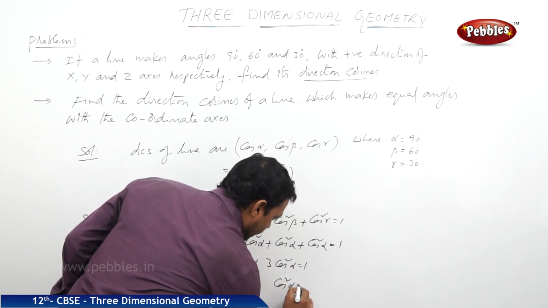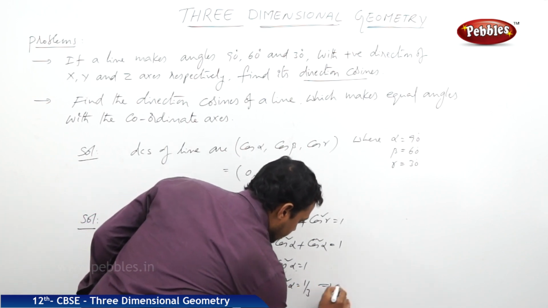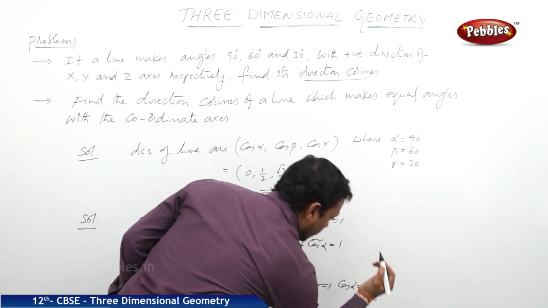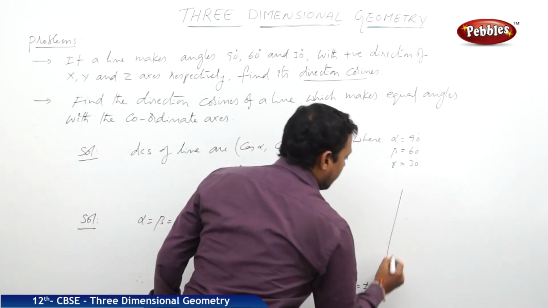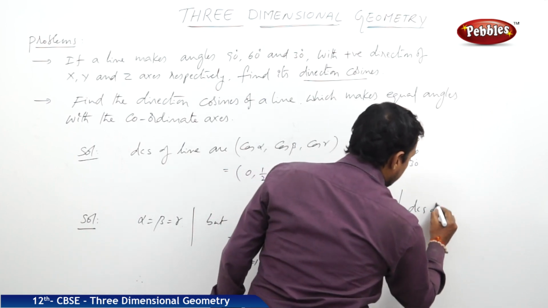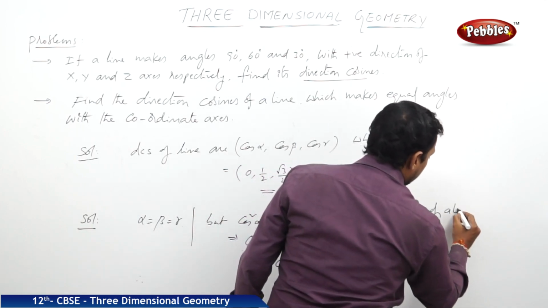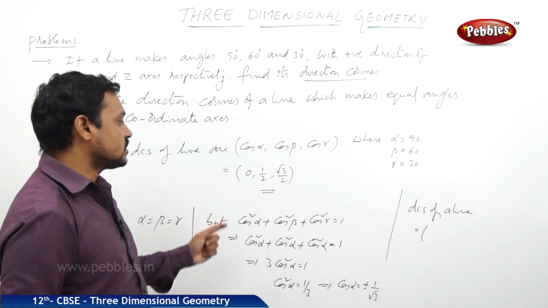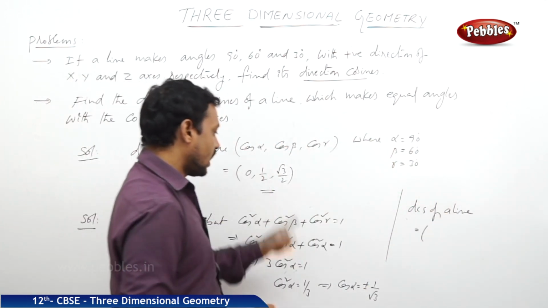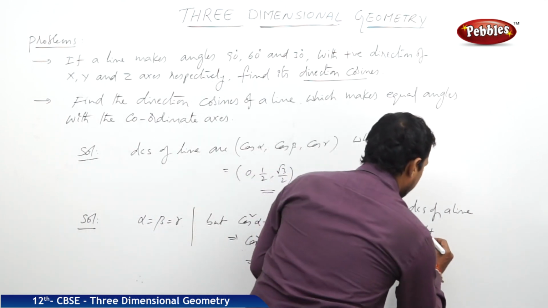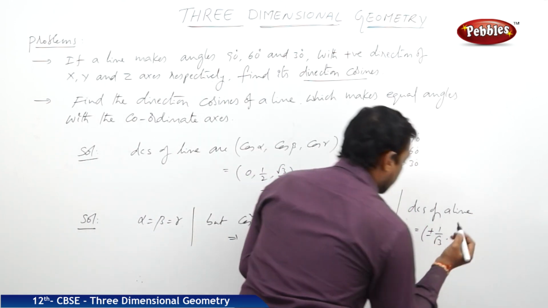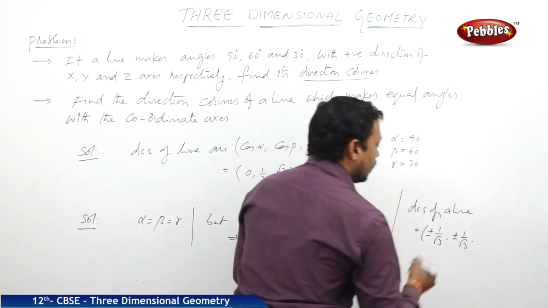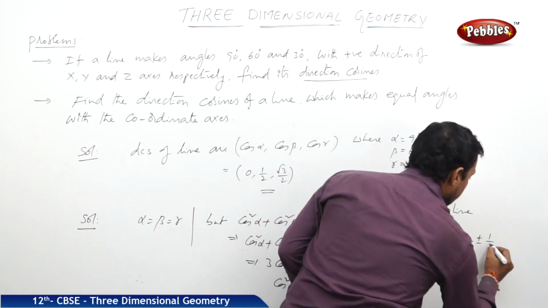Cos square alpha is 1 by 3. That implies cos alpha is equal to plus or minus 1 by root 3. So, finally, the direction cosines of a line which makes equal angles with the coordinate axes are cos alpha, that is plus or minus 1 by root 3, cos beta, also plus or minus 1 by root 3, and cos gamma, plus or minus 1 by root 3.